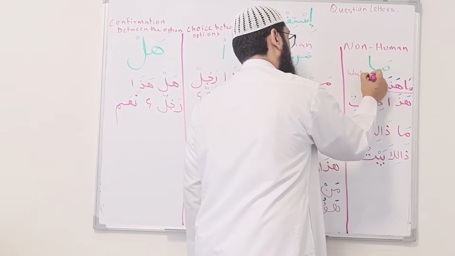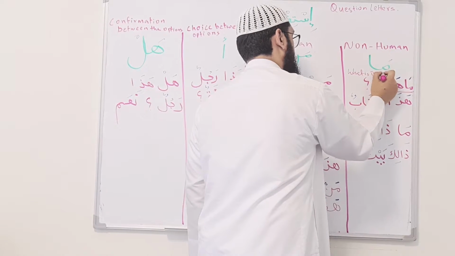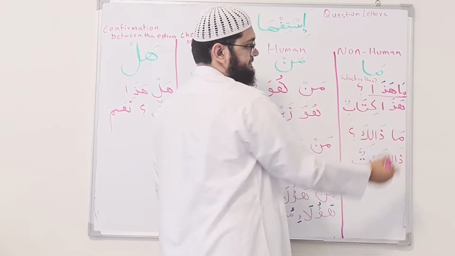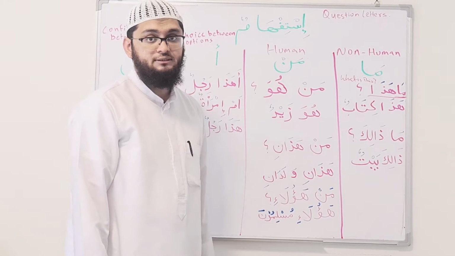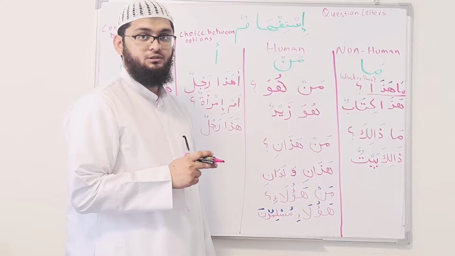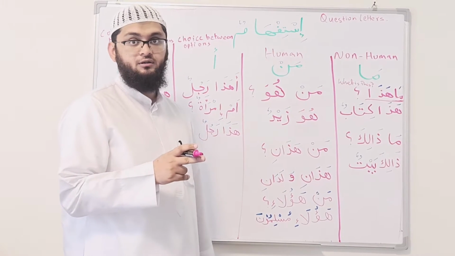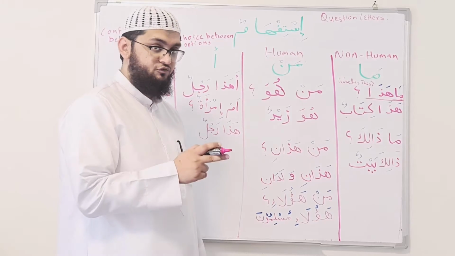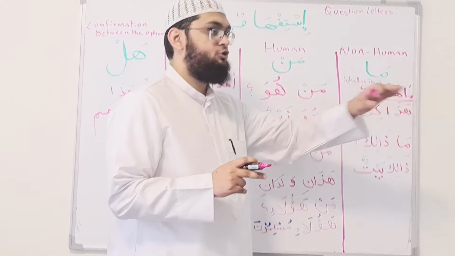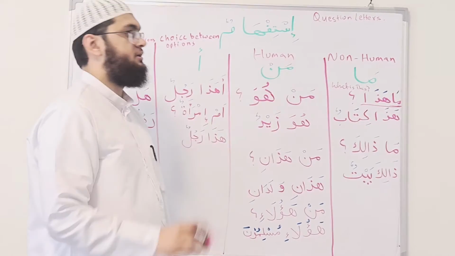What is this? Now, by the letter ma, I'm able to understand that I'm trying to ask you about something that's non-human, right? And that's in front of me. So something that's in front of me and it's non-human, and that's why I'm using the letter ma to ask about it. So ma hada.